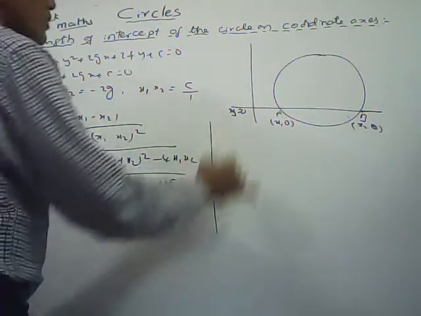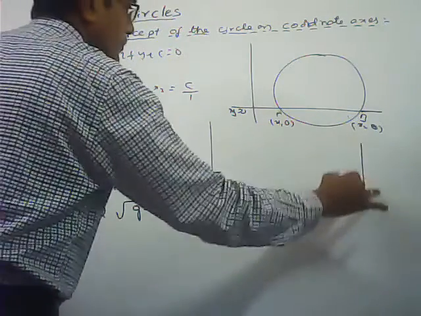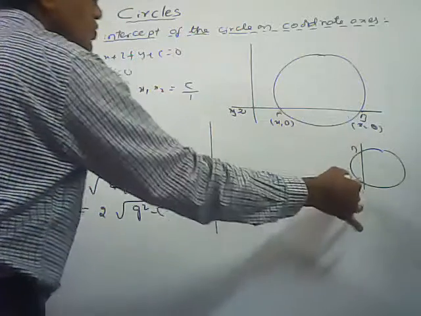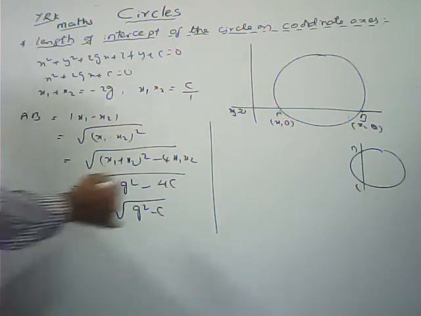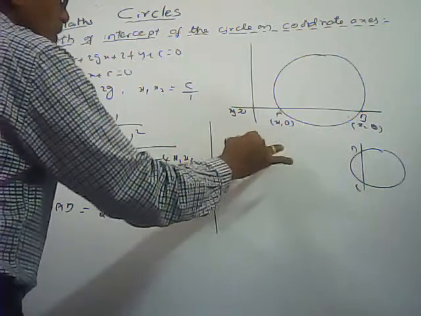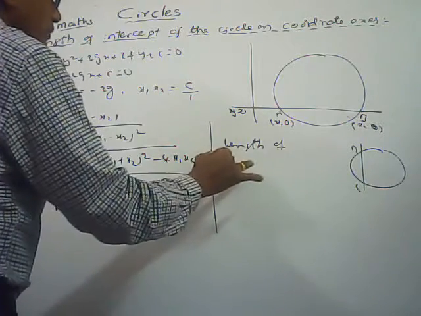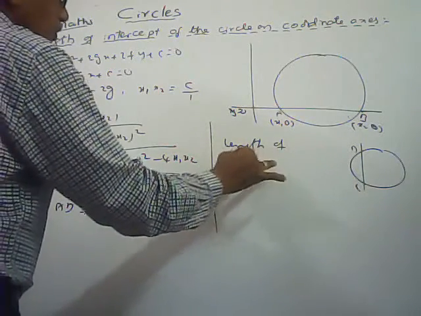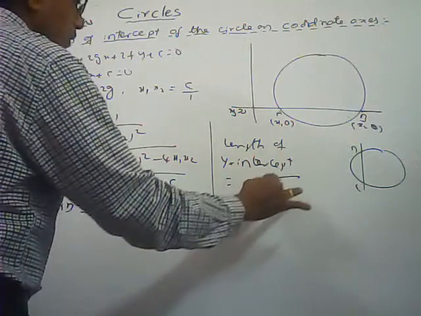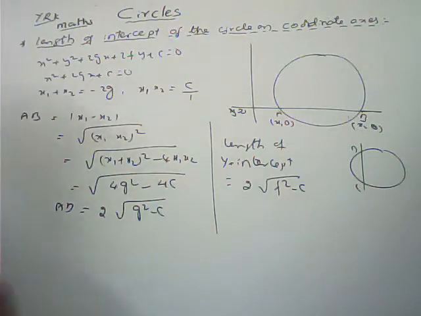Similarly, for the length of the y-intercept, if a circle cuts the y-axis at two distinct points C and D, 0 y1 and 0 y2, the length of the y-intercept is equal to 2 root of f square minus c.